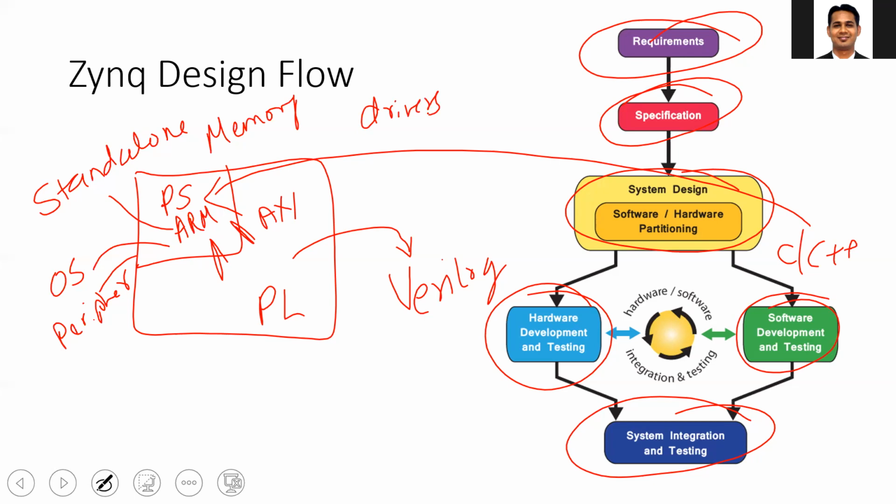And the good news is that in Vivado, all these drivers are readily available. They are automatically generated and provided to you. The only thing you need to understand is how to use these drivers. That is the only thing you need to learn, but you don't need to write any drivers. You don't need to write any code for the drivers. All the drivers are there for UART, for memory.